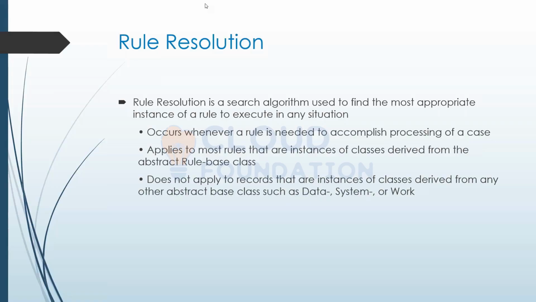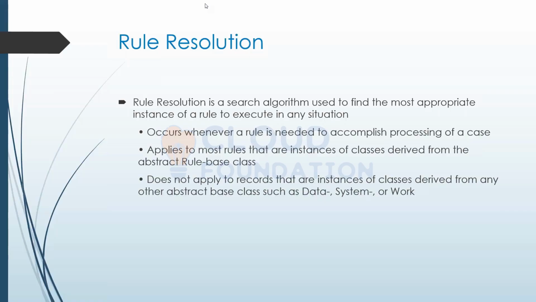Rule resolution is like a search algorithm. It finds the appropriate rule for the given context. This happens each time you execute your application and each time you run a business transaction. Each time you run a case type, this rule resolution algorithm tries to find out the most appropriate rule for the given context. Now when I say rule resolution going forward, I'll call this RR.